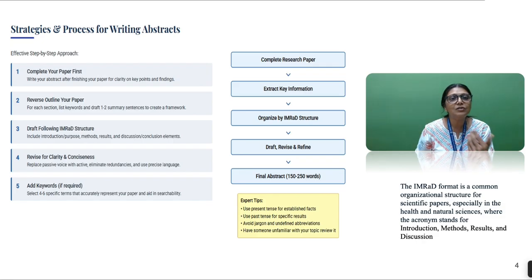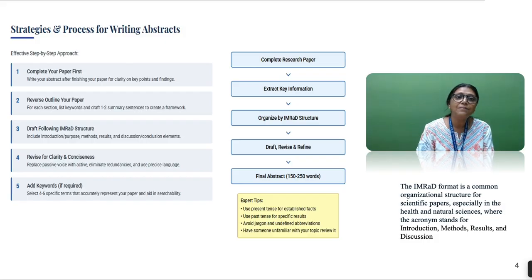Now we move on to the strategies or the process involved in writing abstracts. With an understanding of the main components of an abstract, now we will see how to organize the content into the format of an abstract. To begin with, completing the entire research paper is the key to writing an effective abstract.